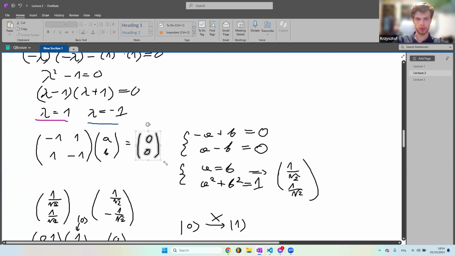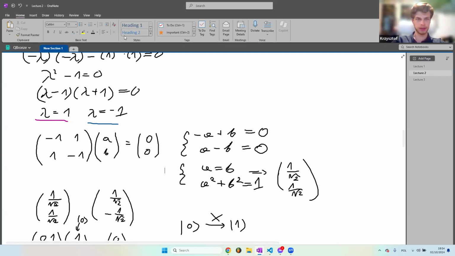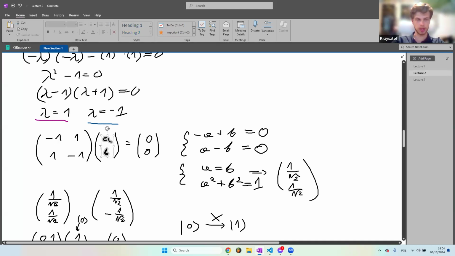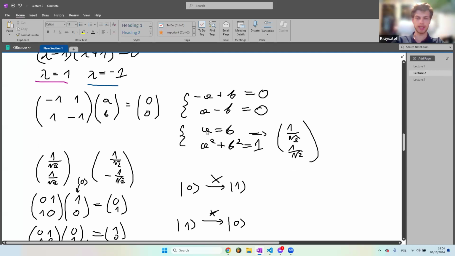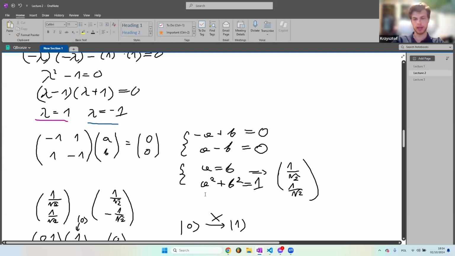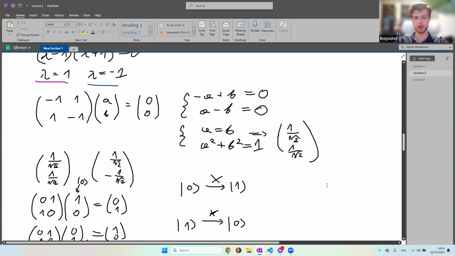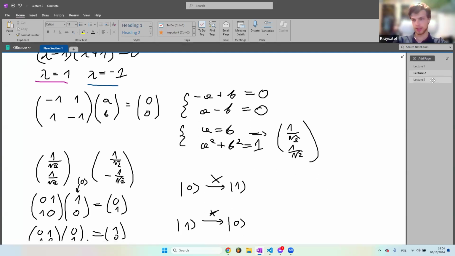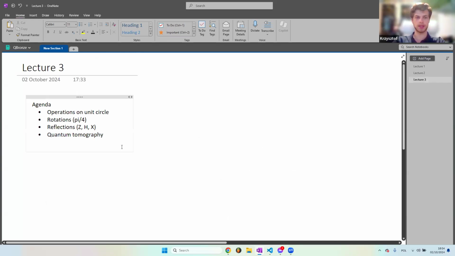So when we calculate the resulting equations, minus a plus b equals 0, we actually get that a must be equal to b. And by the condition of normalization, this must equate to 1 over square root of 2 and 1 over square root of 2, which we confirm later. This is as the review and a quick note about yesterday's lecture.